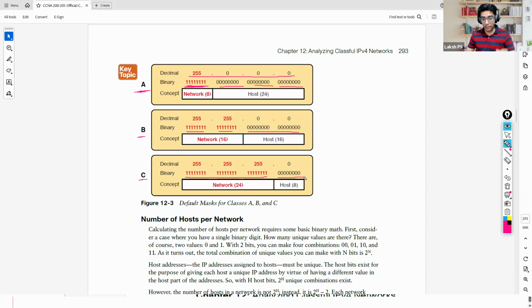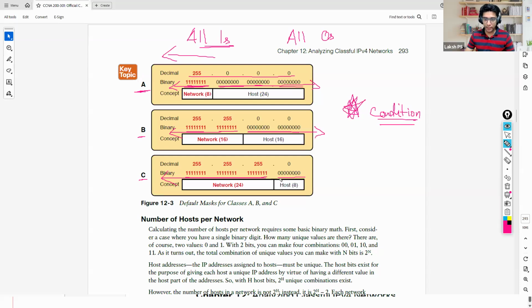So the condition for writing an address mask, again, please remember, is that all ones should be on the left hand side of the address mask, and all zeros should be on the right hand side.